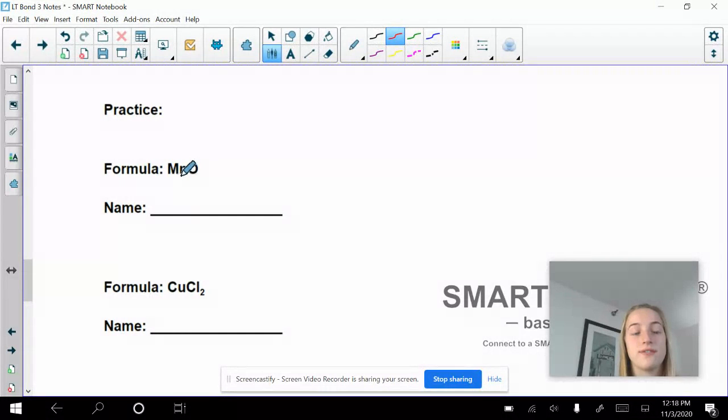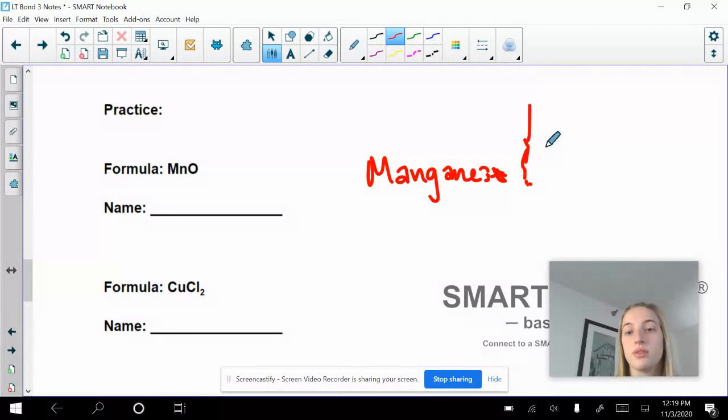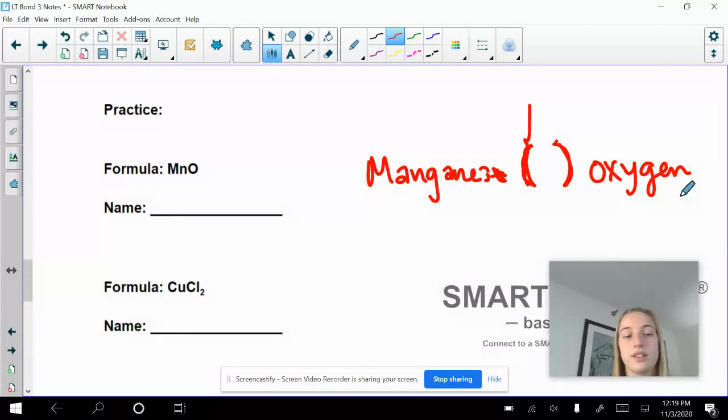All right, so for our first one, we have MnO, so find those on your periodic table. We're going to write it out. Manganese, and leave room there for our parentheses, manganese, and then oxygen. So manganese, we have a blank there, oxygen.